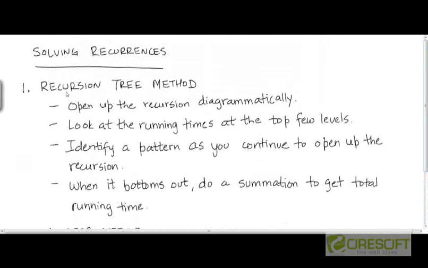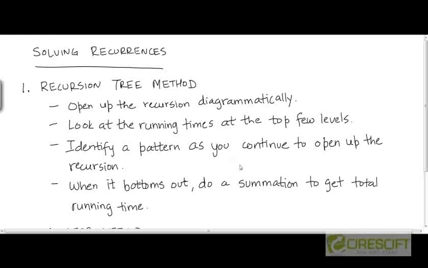One small point I want to mention about the recursion tree method is that even though we represented the opening up of the recursion diagrammatically, for some simple kinds of recurrences we could have just opened up the recursion along the same line. We didn't have to represent the unrolling of the recursion diagrammatically.